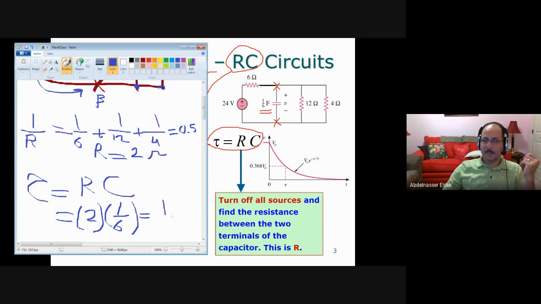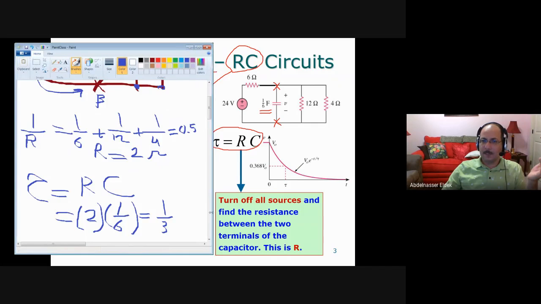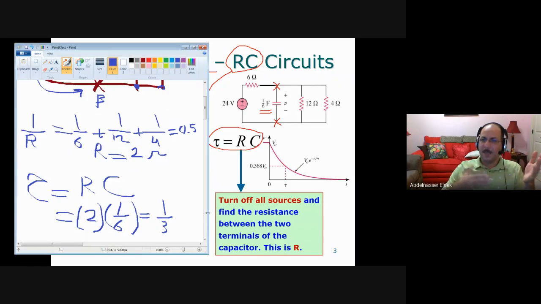Then it is 1/3. What is the unit for the time constant? It's a time, so it is in seconds. That's it. So the time constant here is 1/3 seconds.